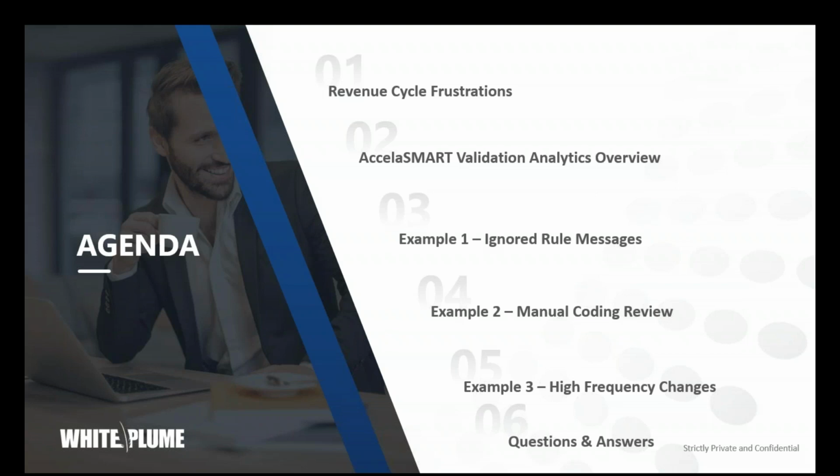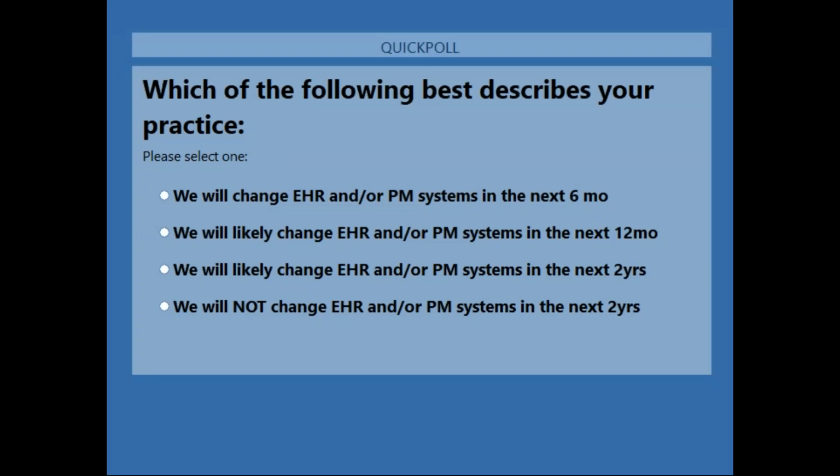But let me do this. I'm going to start, we'll give everybody a quick warm-up poll question before we really dive into the content, just so you get an idea of how the polling works. This one's a pretty broad one, and so what you should see here is the poll pop up on your screen. Which of the following best describes your practice and your approach with your EHR and PM system?